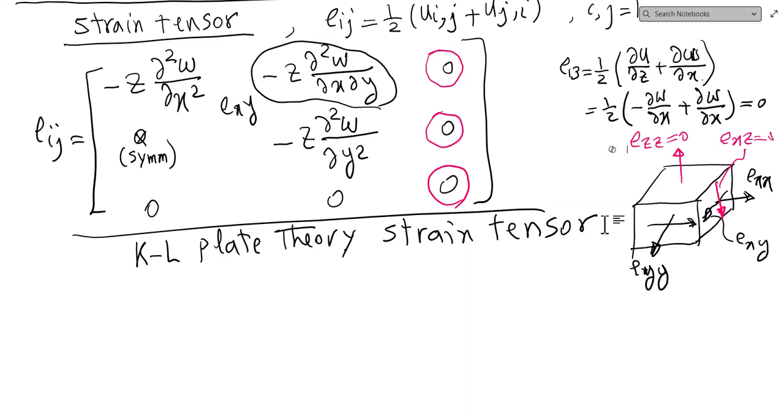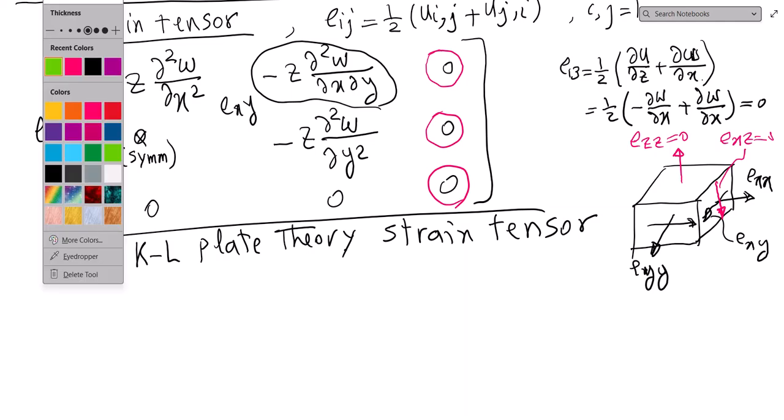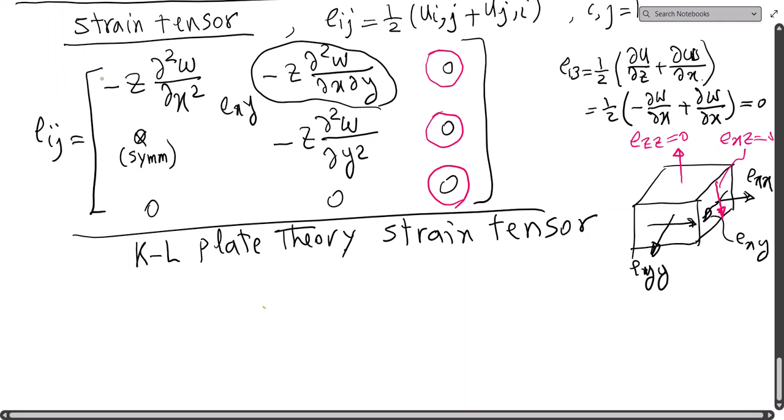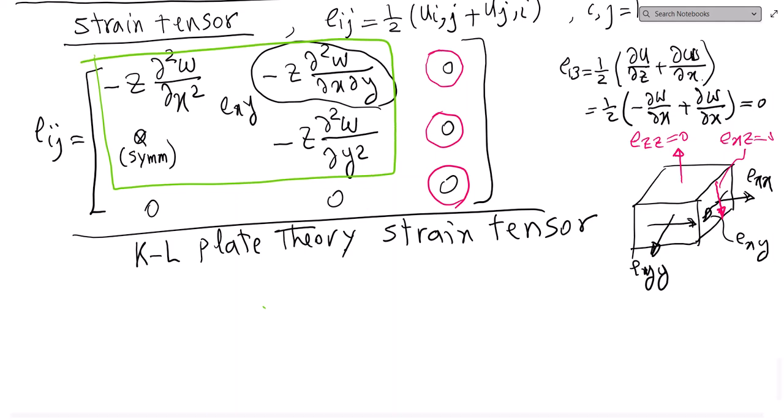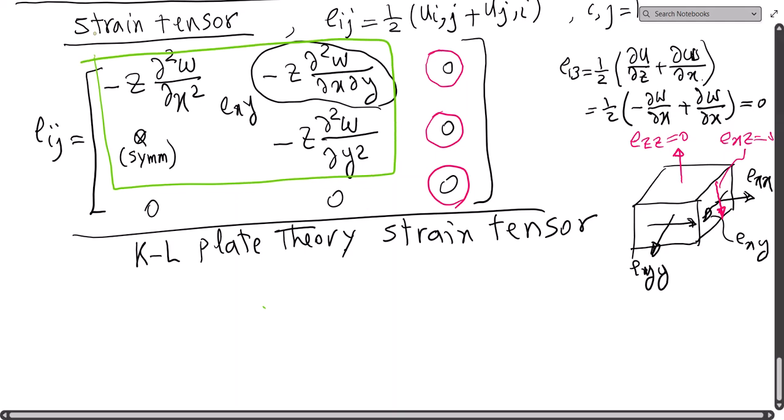So one can say that in a way we can consider a 2D plane strain, because every other element is 0. So in the green box, we have a situation that is like plane strain.